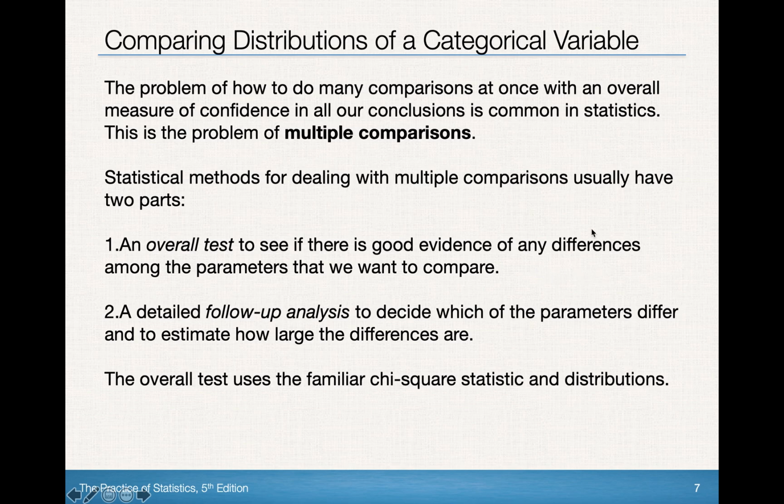If our chi-squared test for homogeneity shows that there is good evidence of a difference, I will then go ahead and do a follow-up analysis. A follow-up analysis will look specifically at the contributors of my chi-squared value. And the contributors will tell me specifically what parameters are different. Is it the Italian music? Is it the French music?